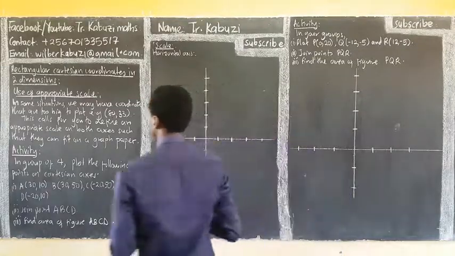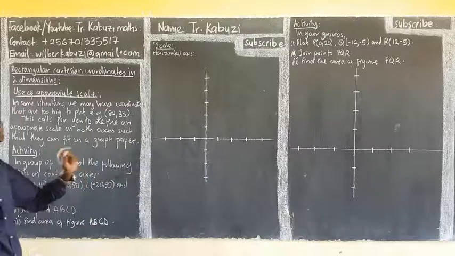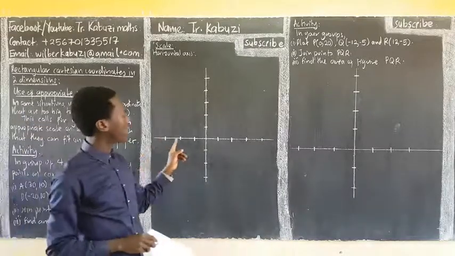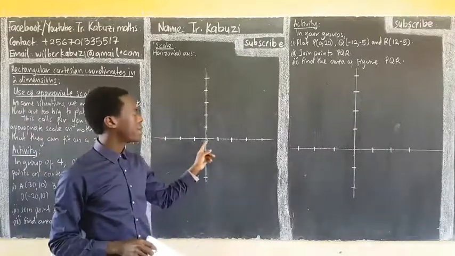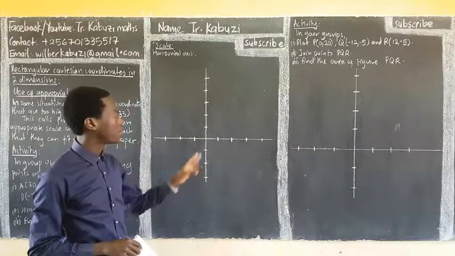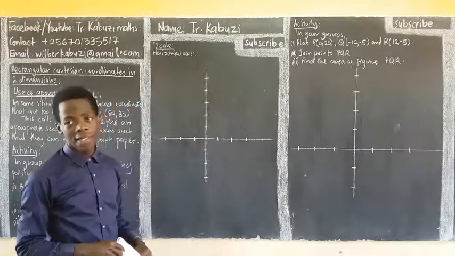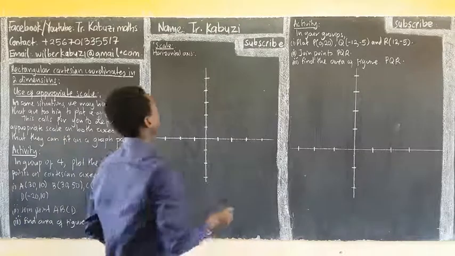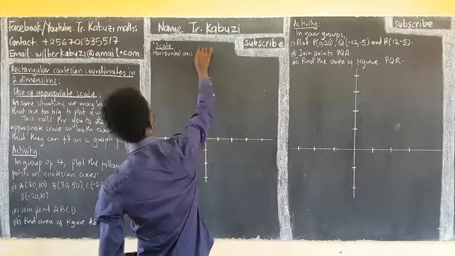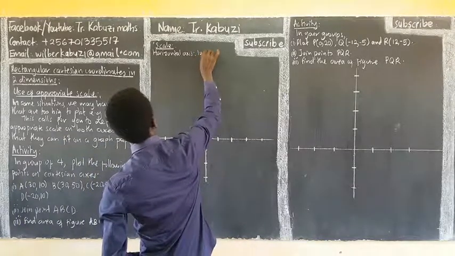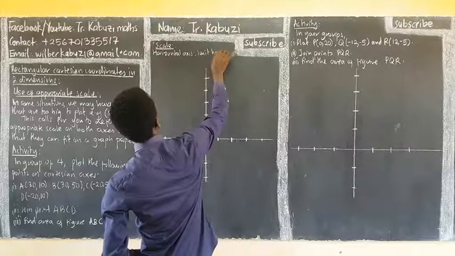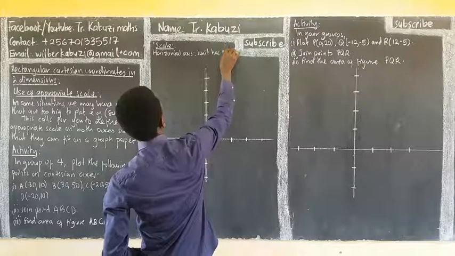Now, in most cases, the appropriate name to say is units, because here we have units, not centimeters. So there I can change that. So we say 1 unit has 10.